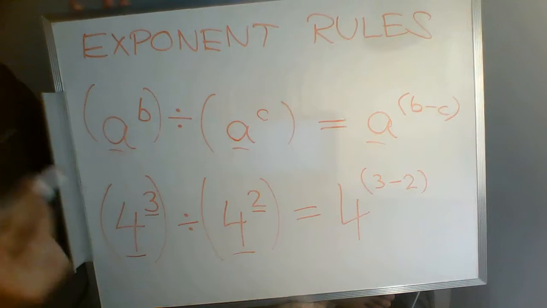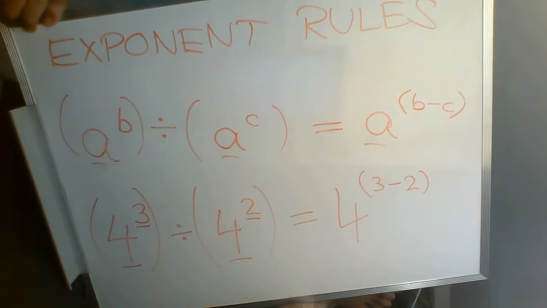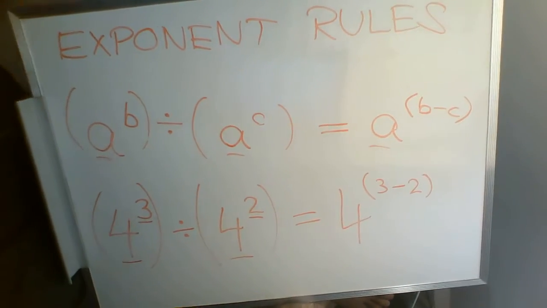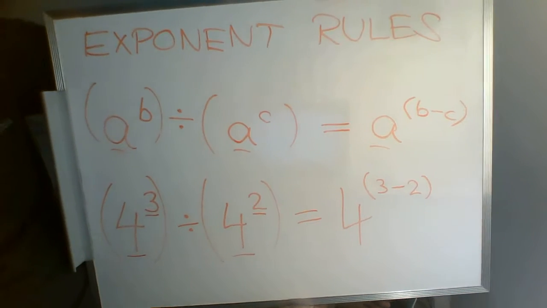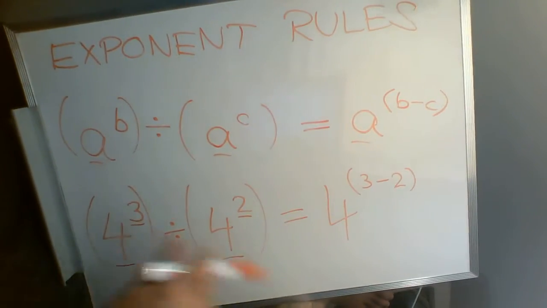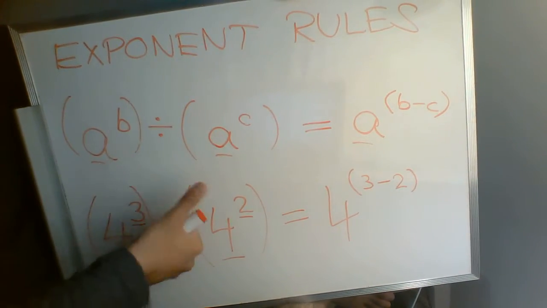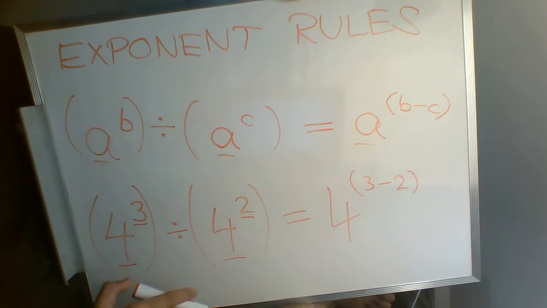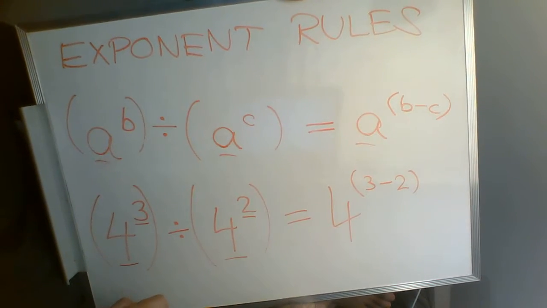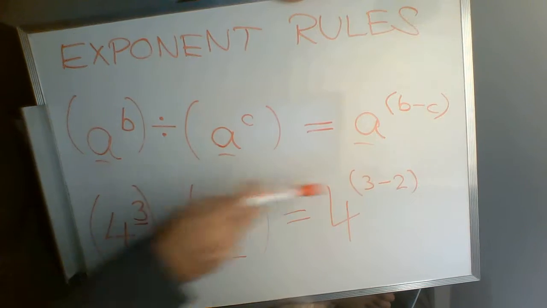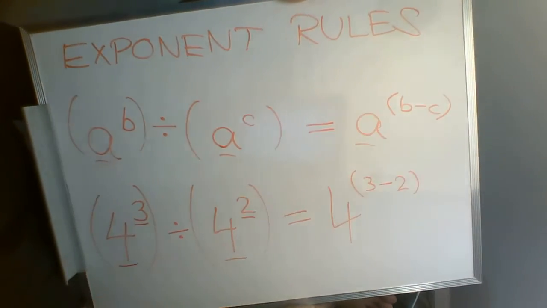Now again, remember that even though the order isn't important for addition and multiplication, it is important for subtraction and division. So it is important that you don't mix up the placement of those exponents when you're writing them down. First exponent goes in the first spot, second exponent goes in the second spot.